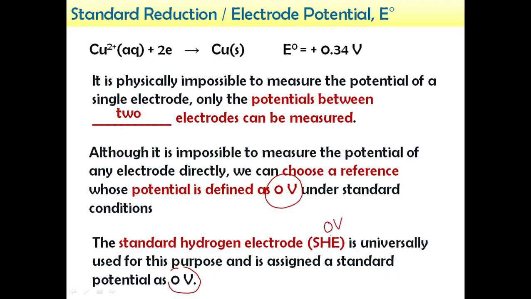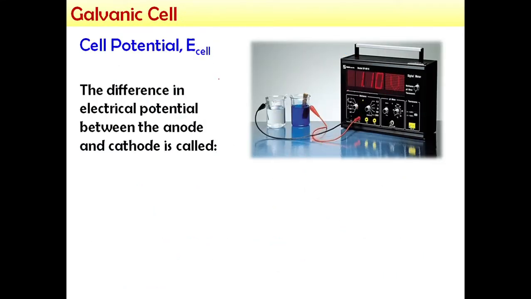So, by using this as a reference, kita boleh tentukan nilai SRP value untuk half cell yang lain. Okay. Untuk faham macam mana kita boleh tentukan nilai SRP ini, we have to understand about cell potential first. Okay, jadi SHE nanti later in this video, kita akan go through balik about standard hydrogen electrode.